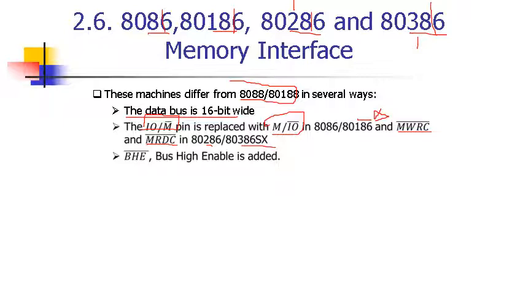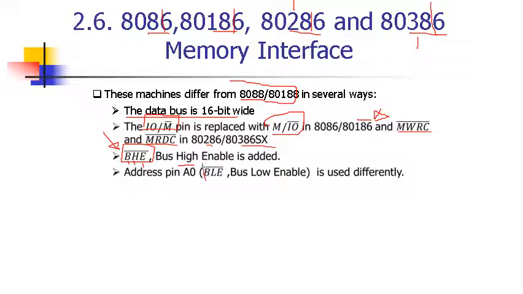So you have an additional pin in the processor named bus high enable. You have to provide a zero signal to this pin whenever you need to access a memory location from your high bank of your memory.